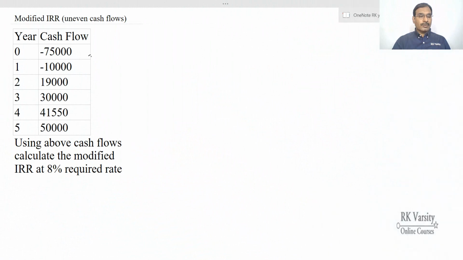Here are the cash outflows and cash inflows of a given project. And using an 8% required rate, you need to calculate the modified IRR. So your modified IRR is where your present value of cash outflows equals the future value of cash inflows discounted at 1 plus MIRR.